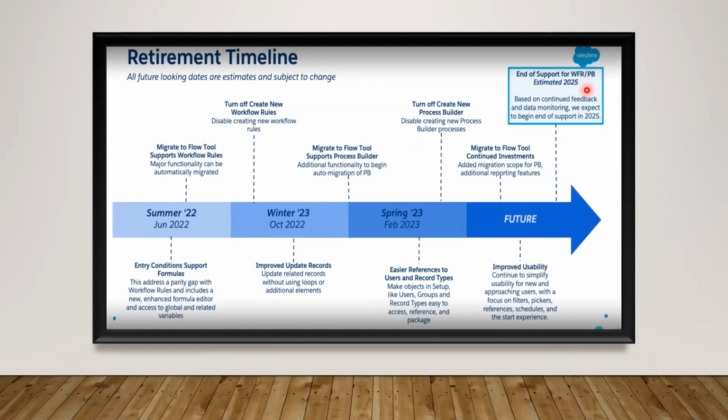If you are migrating your workflow rules or Process Builder to Salesforce Flow, the Salesforce team will provide support for those workflow rules and Process Builder till 2025. After that, there won't be any support. So now is the right time for you to start learning Flows.